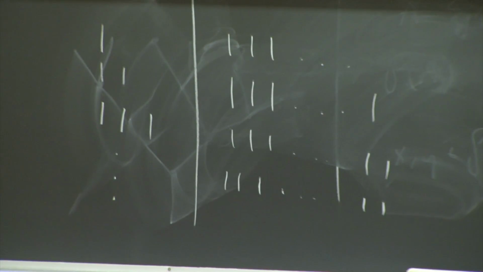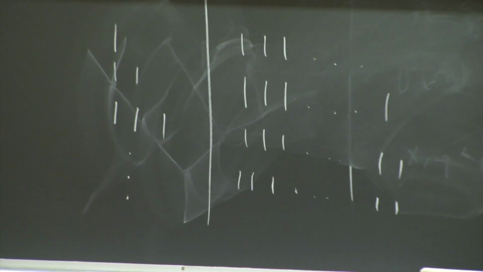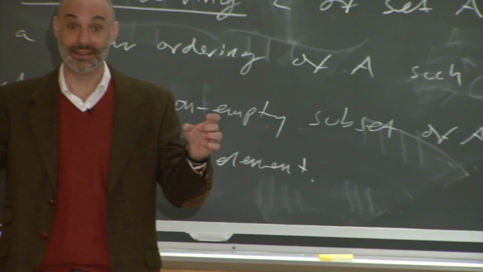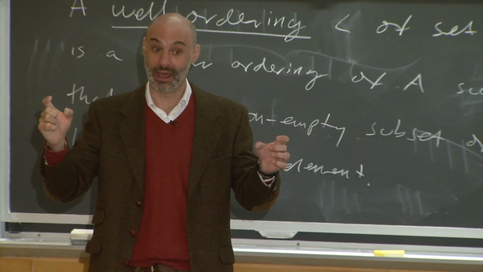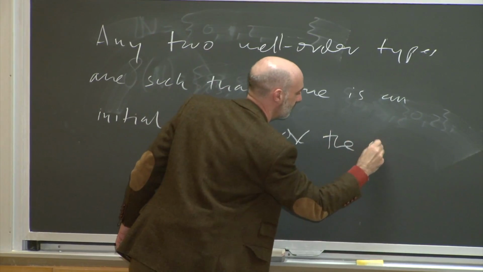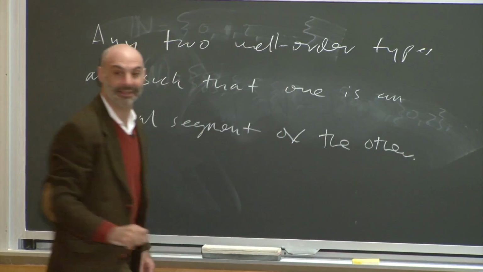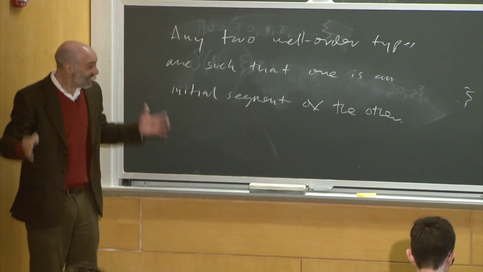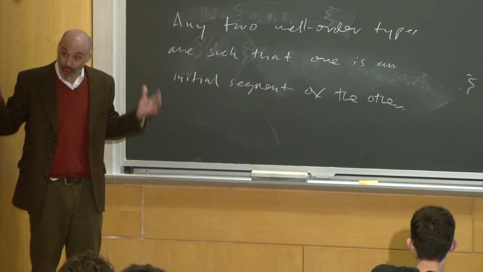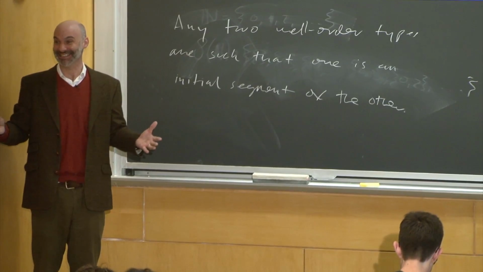And now you can start to see what's so awesome about well orderings. The thing about well orderings is that any two well-ordered types are such that one is an initial segment of the other. I'm going to write that down because it's so cool. The reason that's so cool is because it means that we can order the well-ordered types.